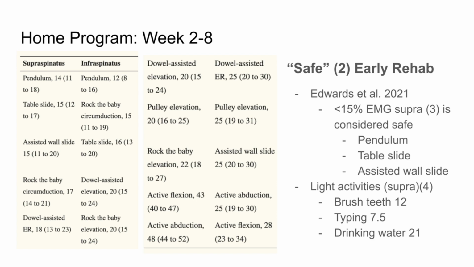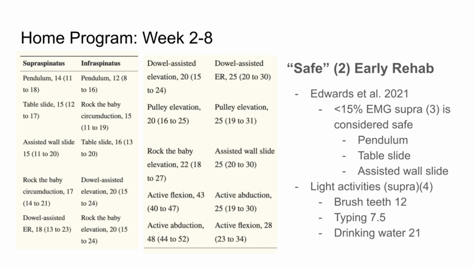And then basically, we want to make sure that when we prescribe exercises, we use ones that are less than 15% EMG. And we have a decent amount of research at different exercises to see just how much stress each exercise places on the rotator cuff repair, right? And then we can use that information to decide which exercises are safe and which ones are probably going to be a little bit too much. Okay. So in this study by Edwards et al.